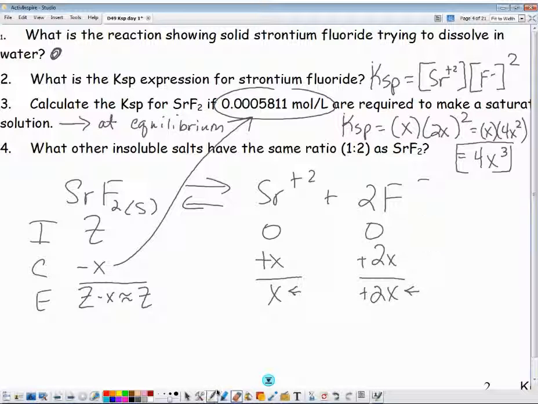KSP equals 4 times 0.0005811 molarity cubed, and we get a value of 7.8 times 10 to the minus 10. That is my KSP value here.